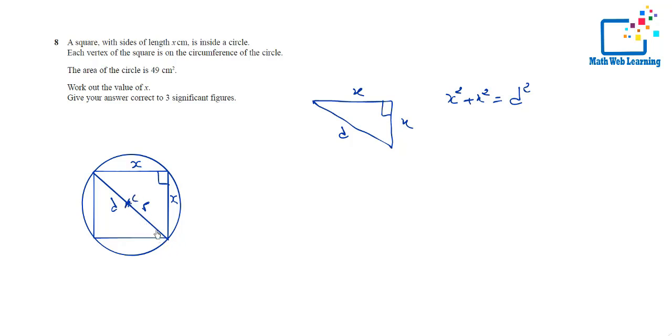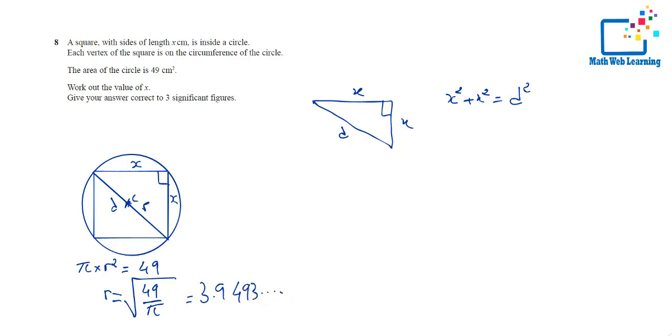So therefore I need to use the area of a circle. Pi times r squared is equal to 49. So basically r is going to be equal to the square root of 49 over pi. Let's plug this in a calculator and see what it gives us. The answer for that is 3.9493.